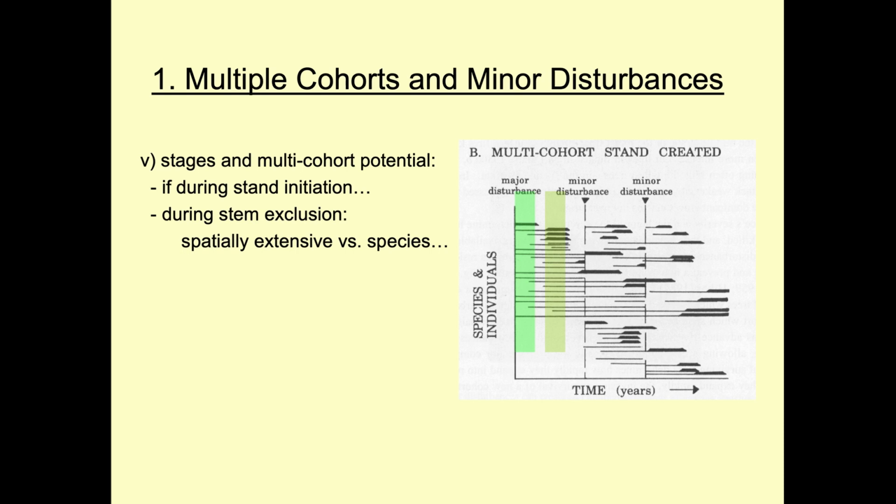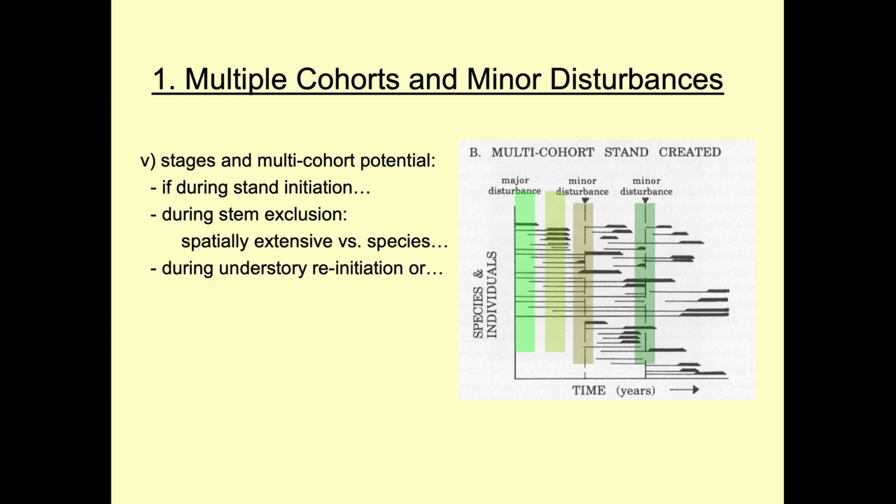So again, remember about the stem exclusion phase, this highly competitive phase in which adjacent species are just waiting for little gaps to open up so they can quickly fill in. So again, if a species specific minor disturbance happens, you're not going to have a multi-cohort stand develop. Adjacent species are just going to grow in those open spaces.